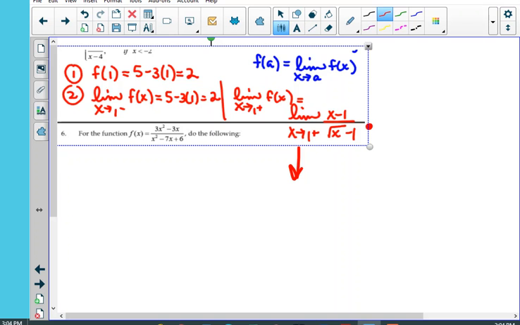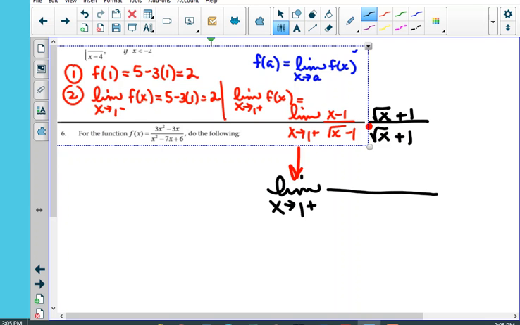I'm going to multiply by my conjugate, root x plus 1 over root x plus 1. So that means I'm going to find the limit as x approaches 1 from the right. I am not going to multiply out the non-conjugate guys. I'm going to let them sit next to each other. I am going to multiply my conjugates.